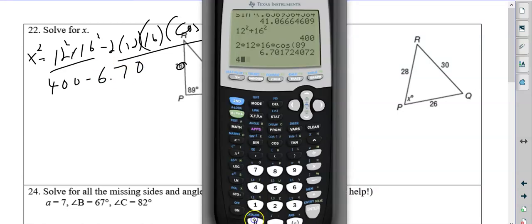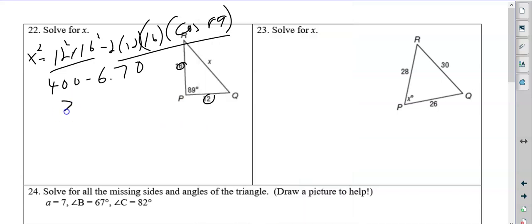Then 400 minus 6.7, 393.3. Now, you can do this all in one fell swoop. I just don't like to make mistakes with parentheses and minus. I just like to be a little more careful. So you're fine.